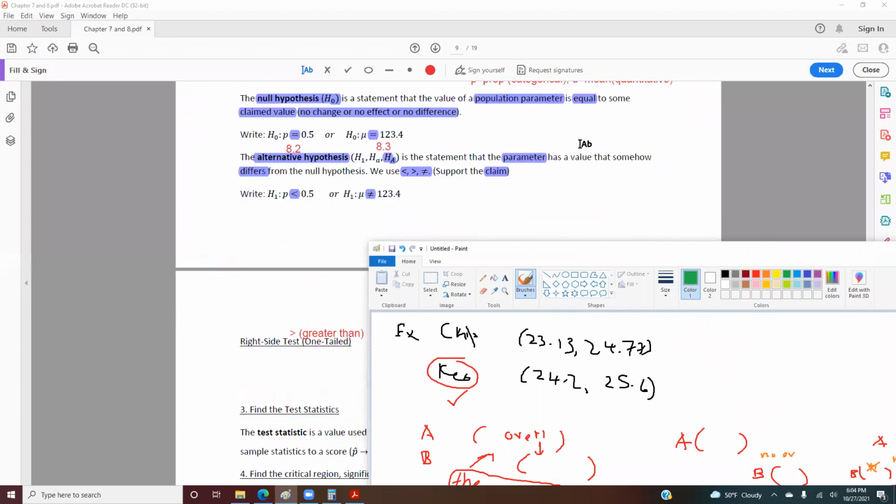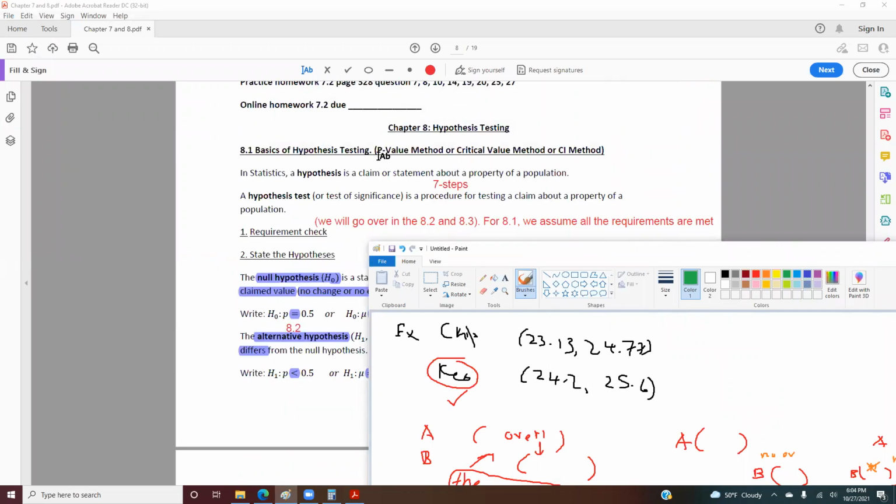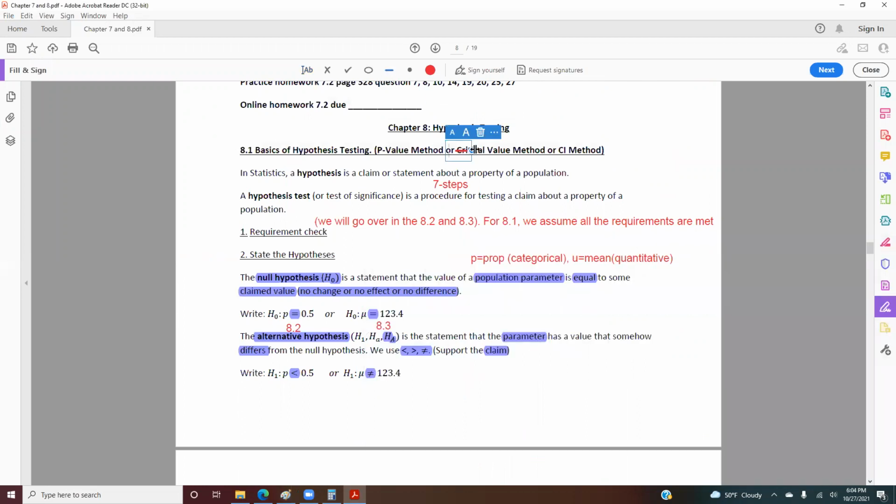If you read here, there are 3 methods: one is the p-value method, one is the critical value method, and one is the confidence interval method. In my class, we only concentrate on the p-value method.